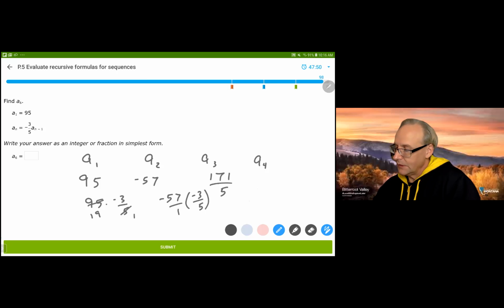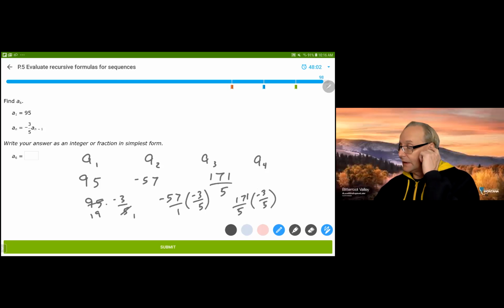Man, I might want a calculator for this. 171/5, and we're going to multiply by -3/5. And we're going to get -513, I think, over 25. And there's no simplifying it.